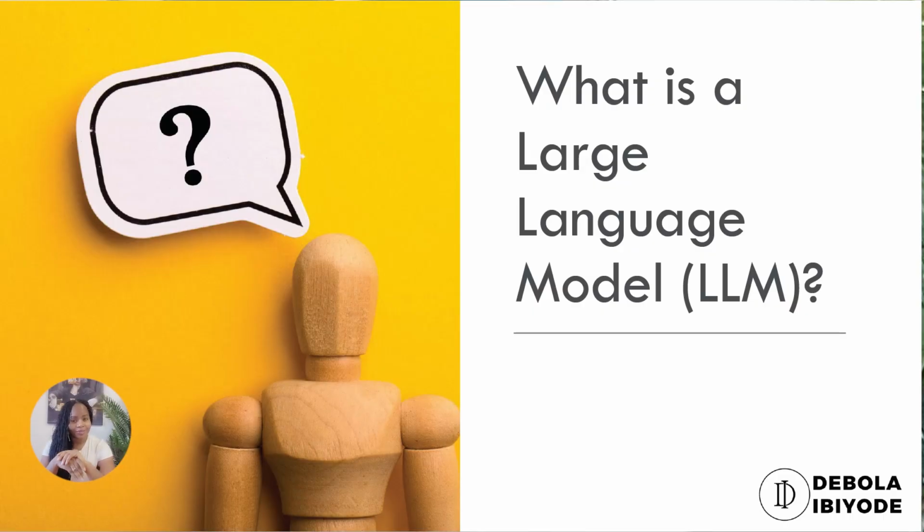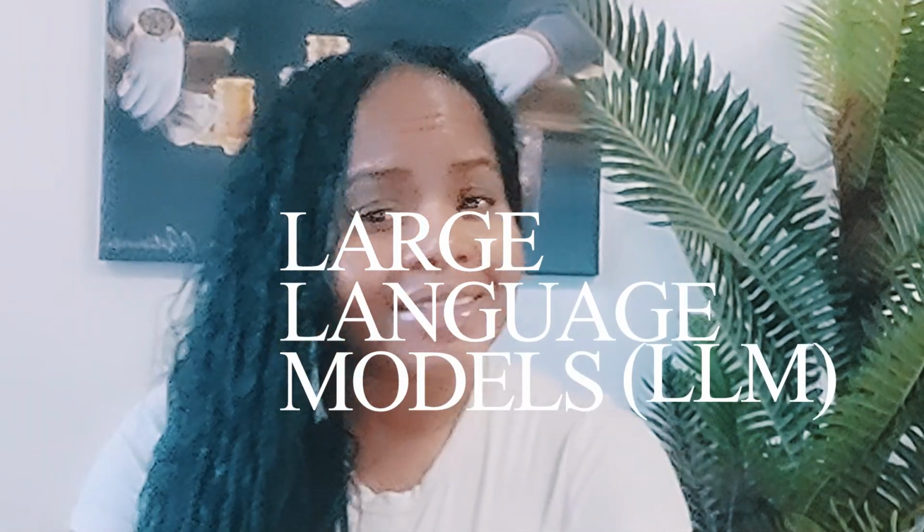Welcome back. We're starting with the first terminology, LLM, large language model. But before I can talk about large language model, I need to explain what an AI model is. Large language model is a type of AI model. So, defining what an AI model is would help us better understand what an LLM is.